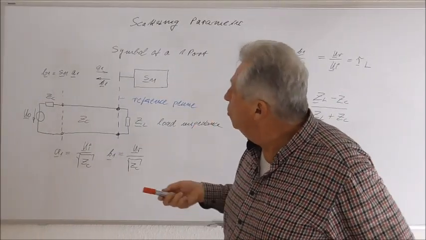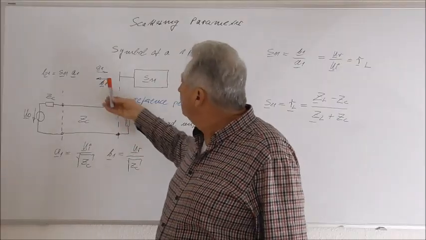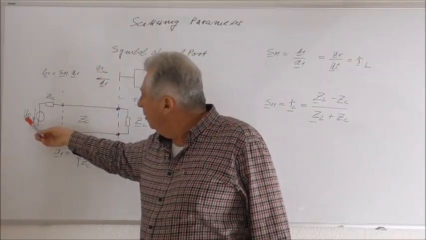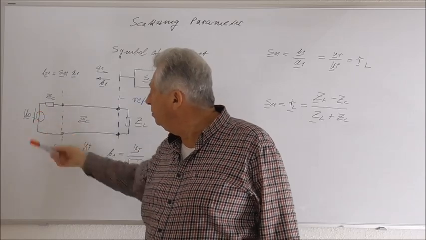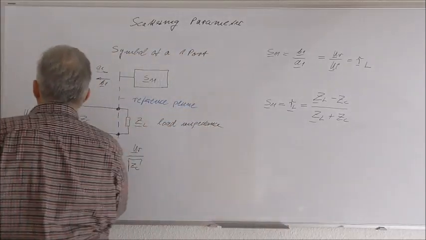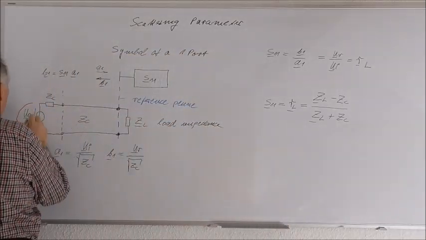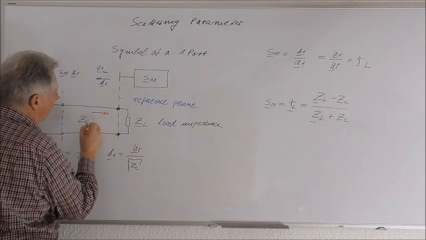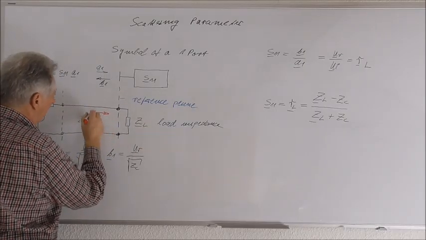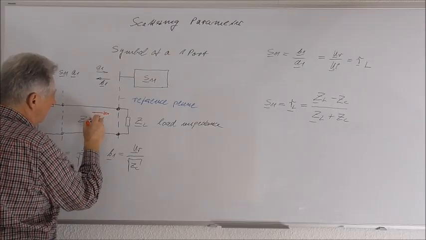And of course, to excite a wave, we need a voltage source, and this voltage source will excite a wave which travels onto our one-port, and we call this A1.